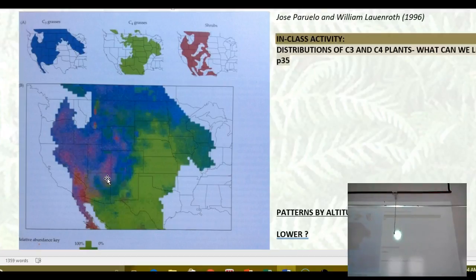Am I reading that right? I think I'm doing something wrong. Help me out here. What am I looking at? Okay, and I'm using the color key. Use the color key down below to help us out. What's going on in that section using that color key?